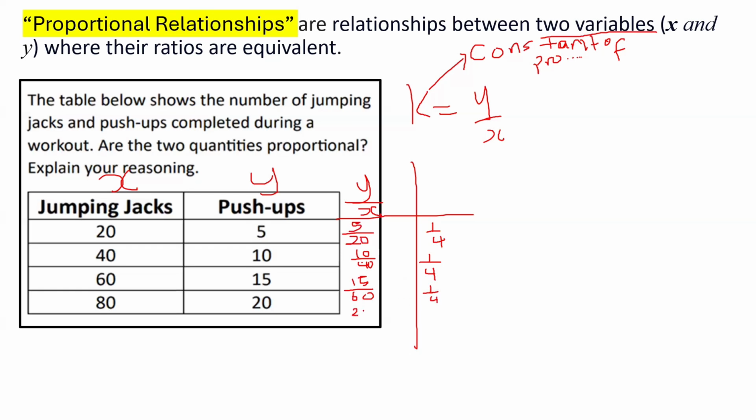Now we are down to our last row here. 20 divided by 80 is equal to 1 over 4.